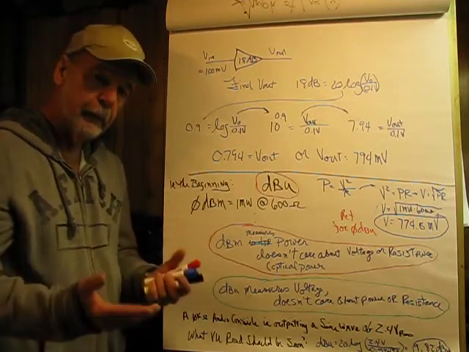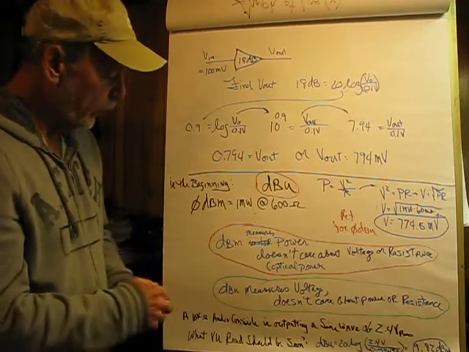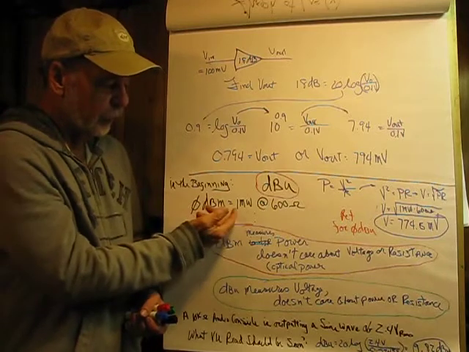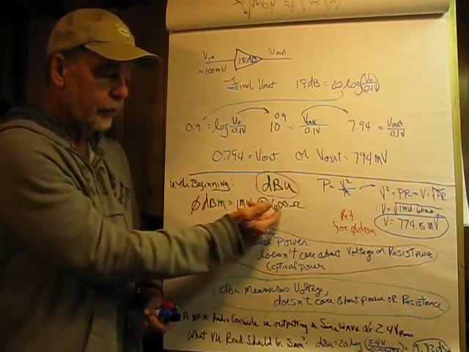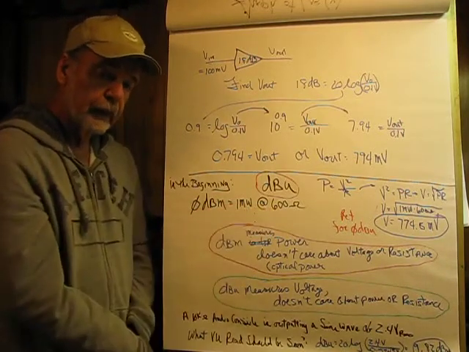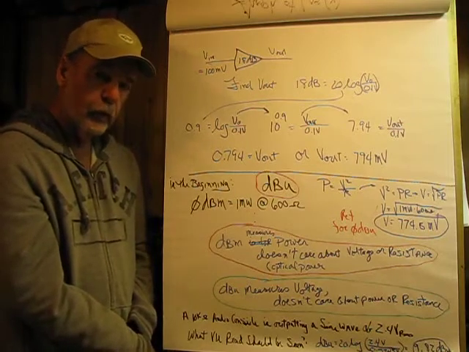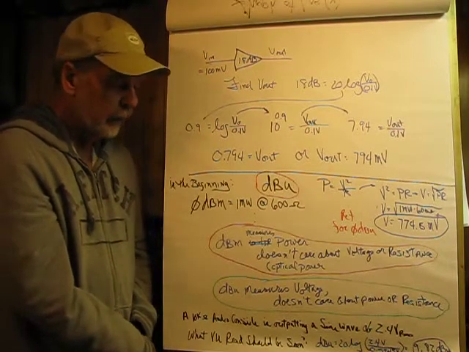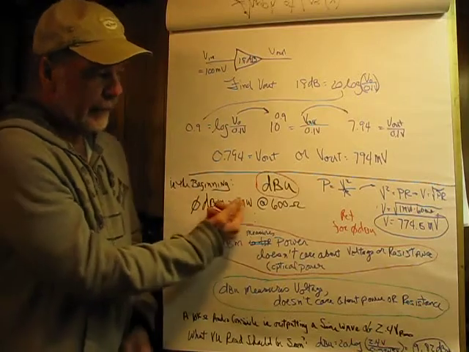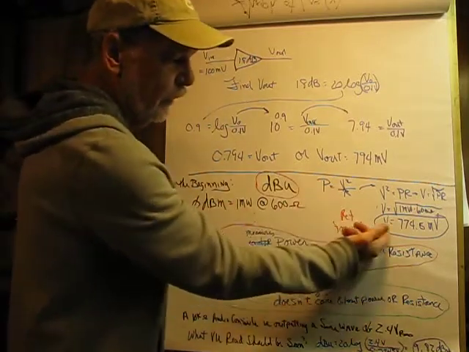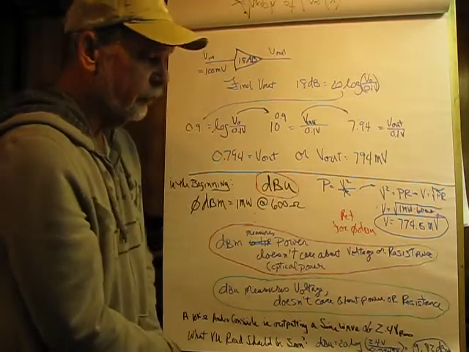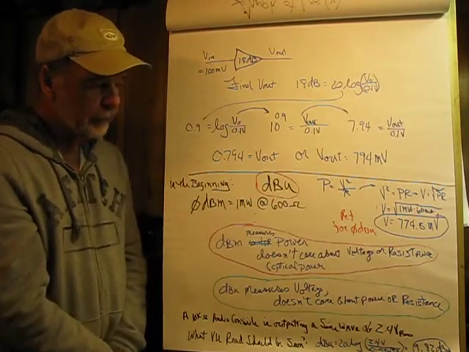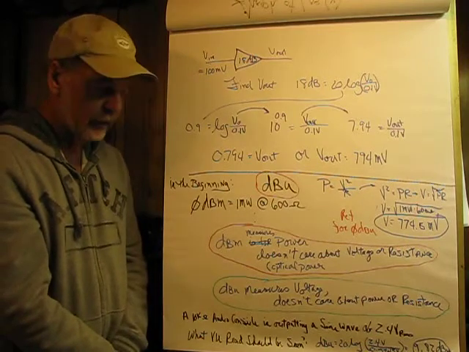Now, how did this come about in history? Back in the 20s, 0 dBm was measured to be 1 milliwatt across 600 ohms. The reason they use 600 ohms is that's a super common telephone impedance. And when you do that, if we solve for V, we find that we would have 774.5 millivolts. So that became the reference point for 0 dBu.